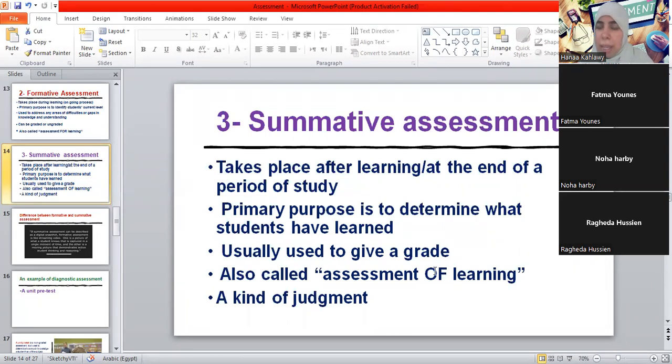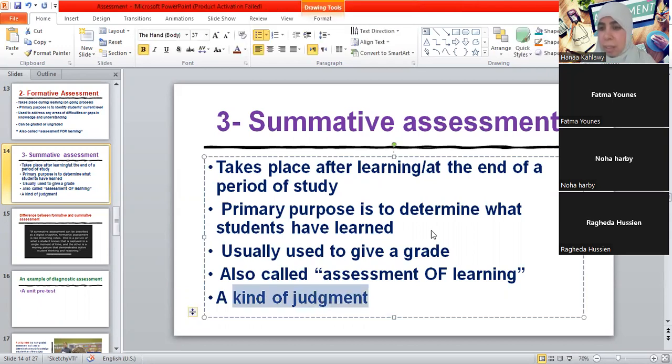So I check what my students have learned. Have they achieved the learning objectives or not, okay? And it's a kind of judgment. Why? Because here I have a grade. So I can say that my students have A+ or B or C, or they have 40 out of 50.